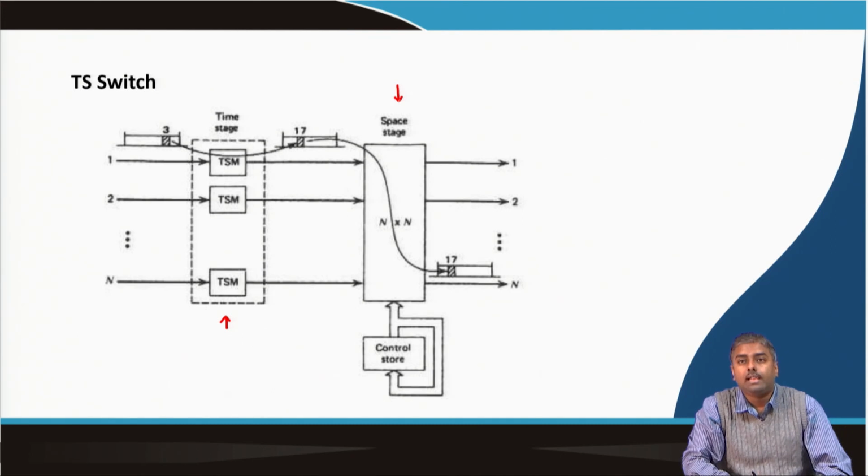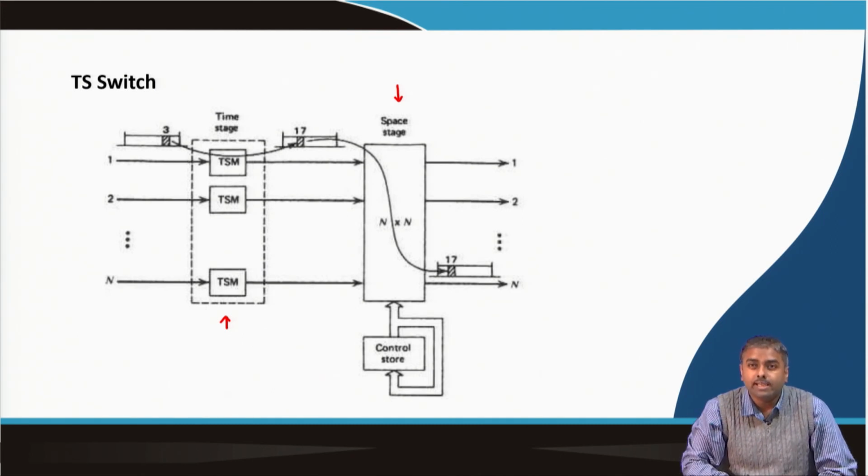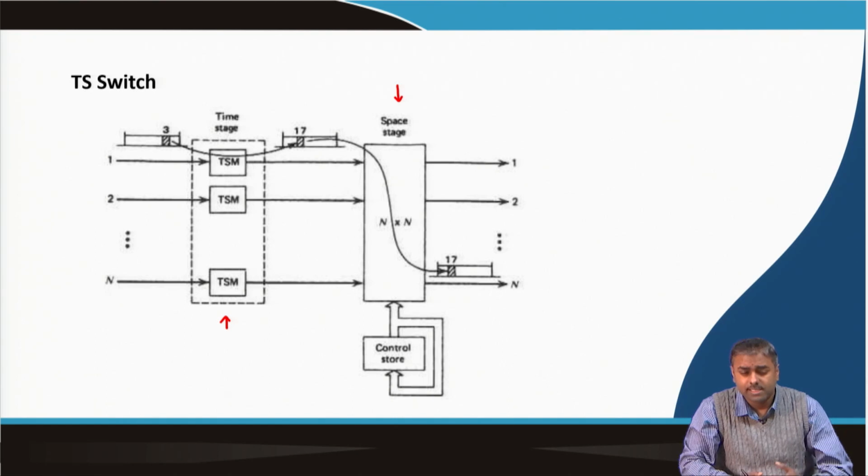Earlier we did three stages of space switching. Now the stages are not homogeneous but heterogeneous: some stages are time switch, some are space switch. Our next discussion will be preoccupied with this kind of switching architecture, where we combine space and time switch.